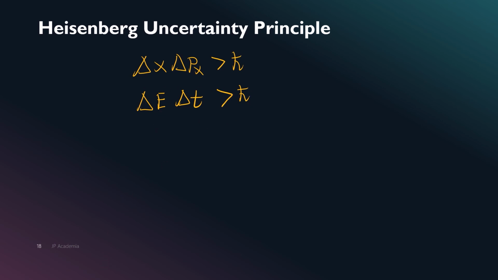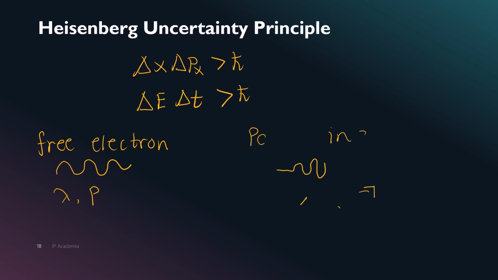One example is a free electron with a wave function as shown, which is a sine wave spread in space. It has a defined wavelength and momentum, but the uncertainty in its position is infinite. Or now let's have a particle localized in a box.